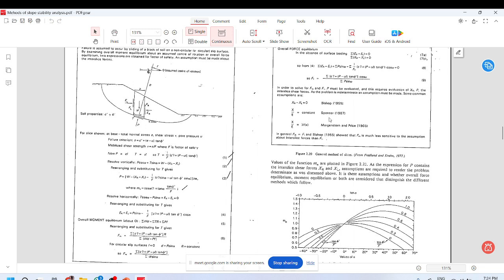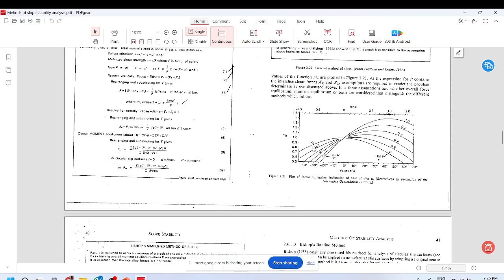If you take Spencer's method, Spencer has given the theory in which he has taken the interslice vertical and horizontal forces ratio to be constant. And Morgenstern Price is a modified version of Spencer's method. Basically, all of these methods are doing the same thing, they're just giving a different assumption for the solution.